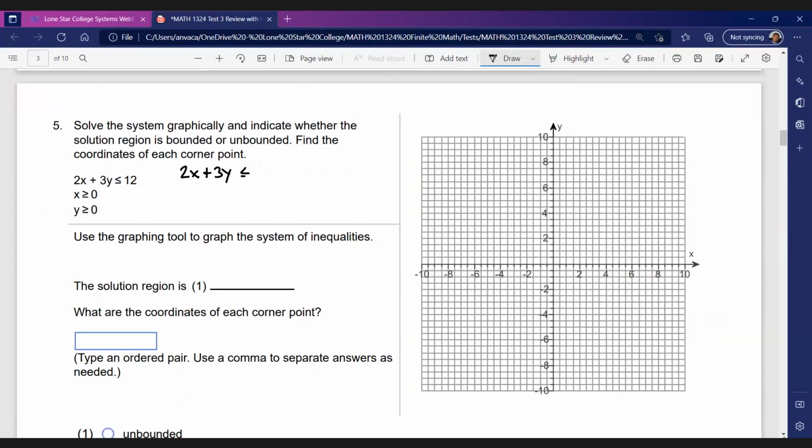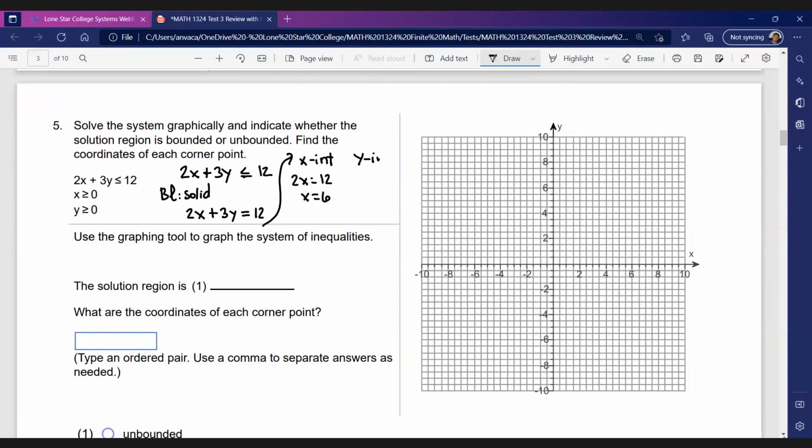We have 2x plus 3y is less than or equal to 12. The boundary line will be solid. What is the boundary line? 2x plus 3y is equal to 12. This line has an x-intercept of 2x is equal to 12, dividing by 2, x is equal to 6.